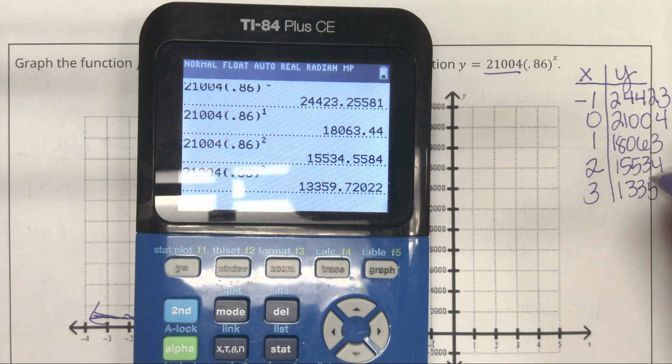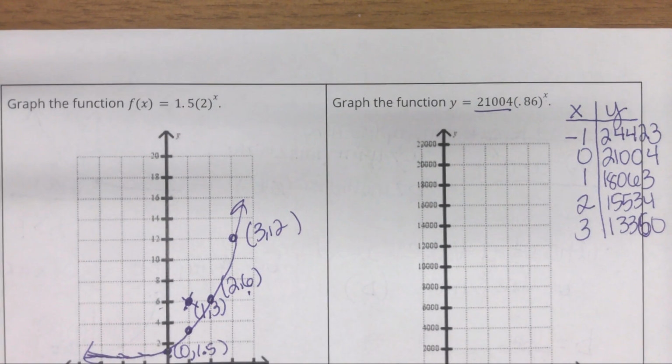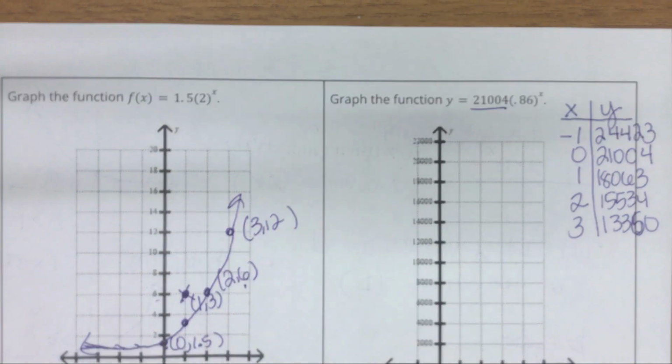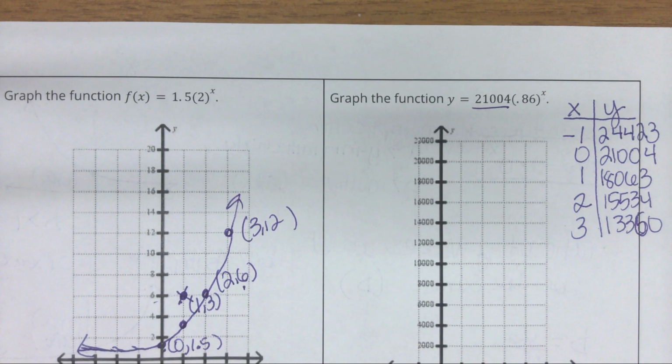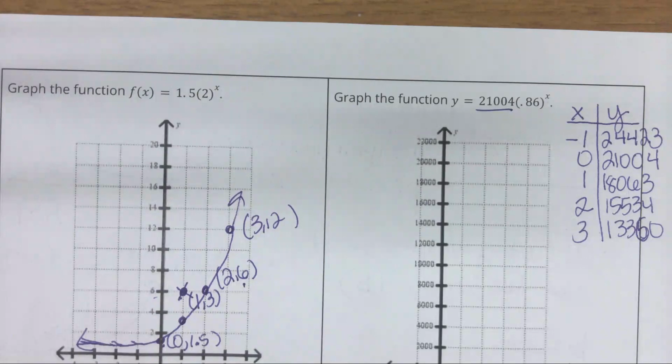That'd be a 60. Okay. And then it helps us to know, just be smart about this. Is this growth or decay? Decay, this multiplier is between 0 and 1, and then we're going to just plot some of our points.